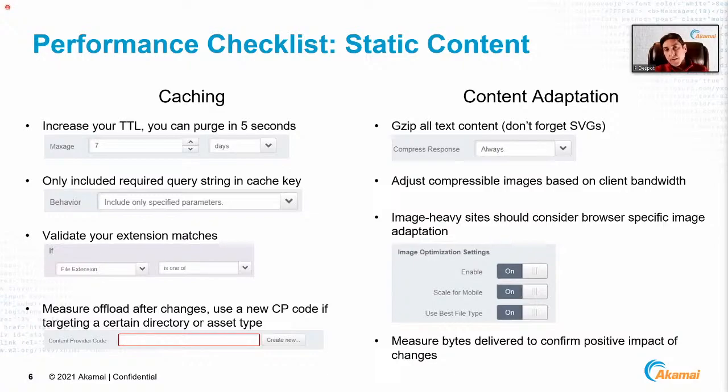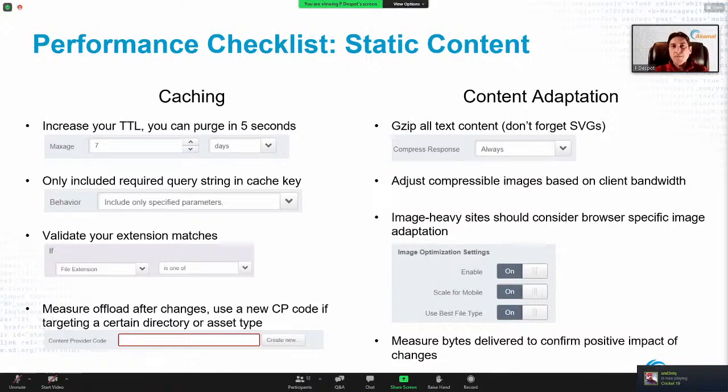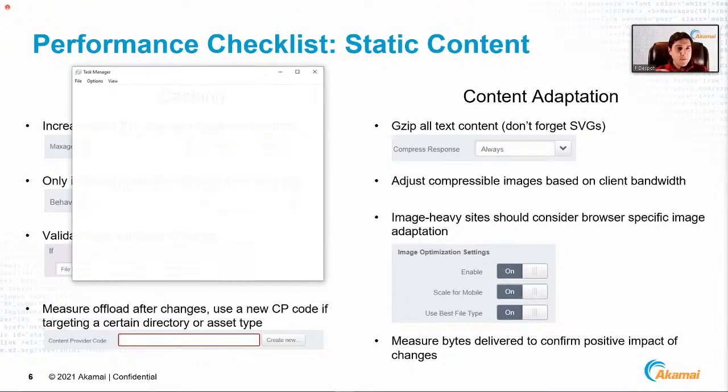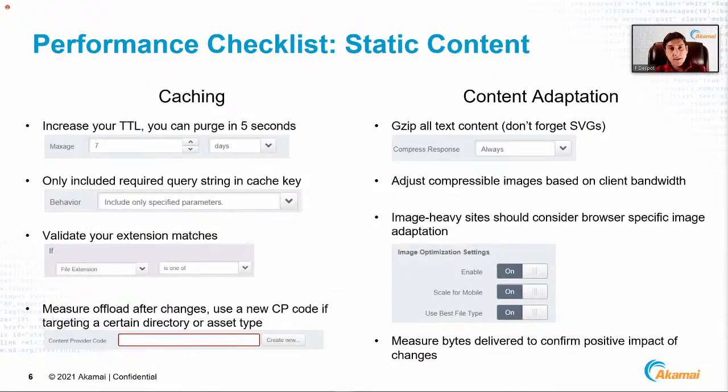The other thing to remember with content adaptation is images. We see images anywhere from 20 to 40 percent of the total bytes of the site. So compressing those, minimizing the bytes for images, of course, without impacting quality, can really save a good chunk of the bytes that we're transmitting and again, improve the performance.